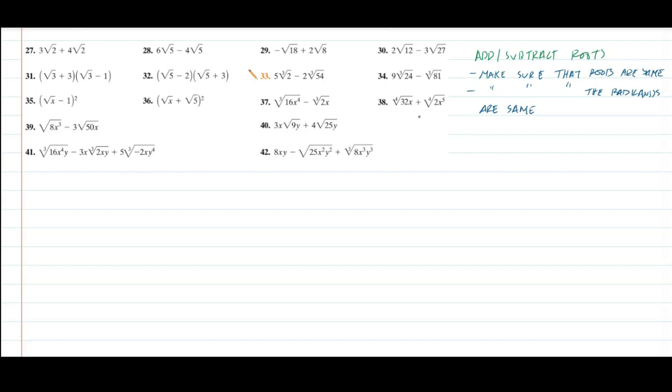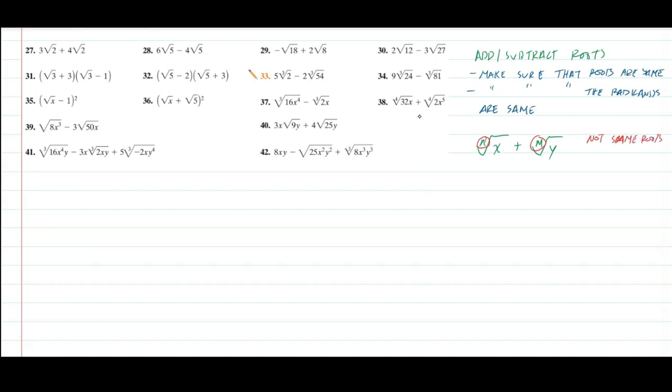So now let me give you an example, okay? So if you had the nth root of x, and you had the mth root of y, and somebody asked you, now add or subtract these, you cannot do anything. Why can't you do anything? It's because, number one problem, they're not the same roots.